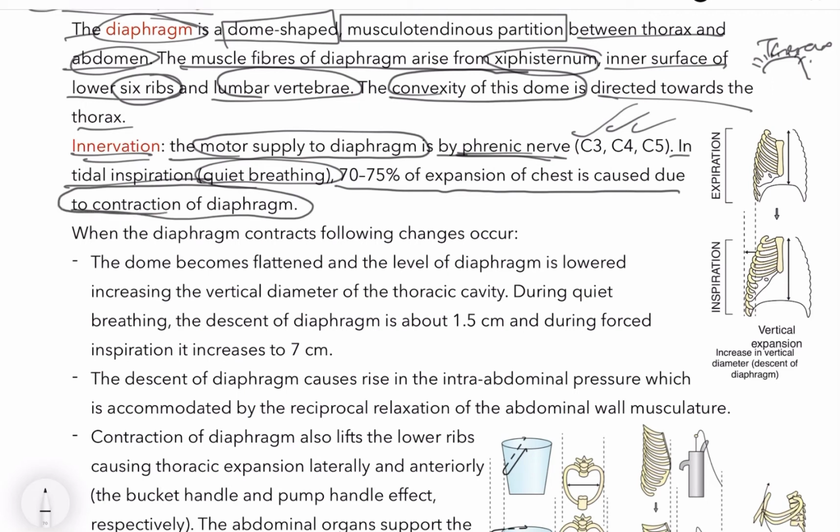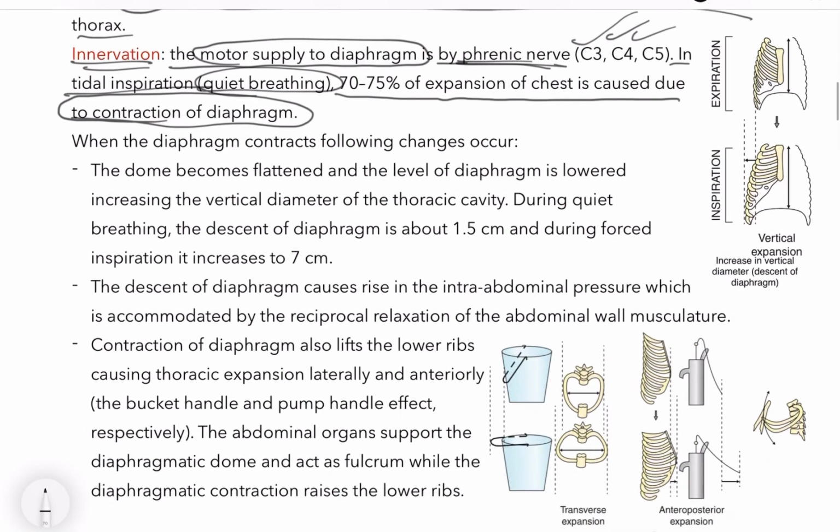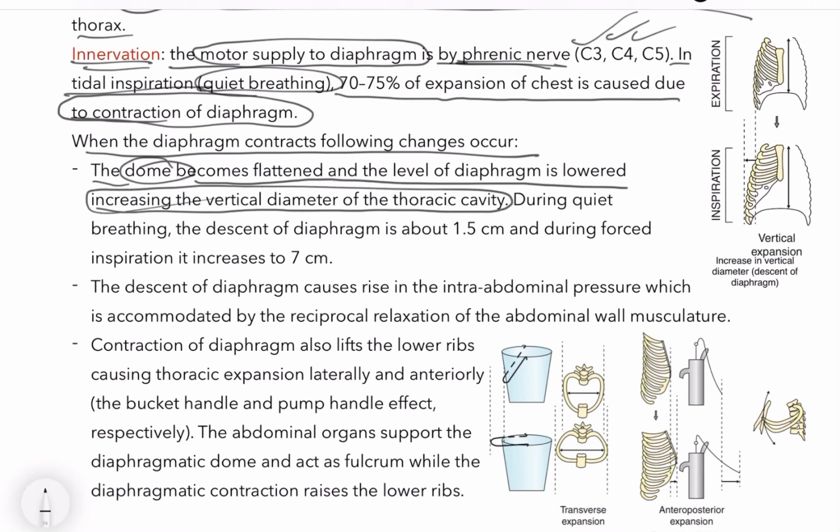Now when the diaphragm contracts, the following changes occur. First, the dome becomes flattened and the level of the diaphragm is lowered, increasing the vertical diameter of the thoracic cavity. During quiet breathing, the descent of the diaphragm is about 1.5 cm. During forced inspiration, it increases to 7 cm.